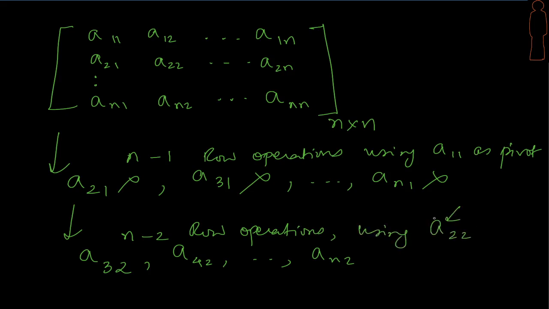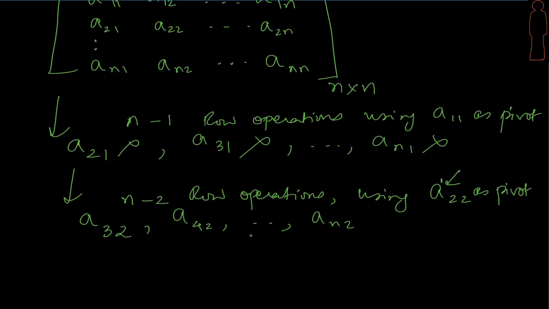So remember, it need not be A22, it could be A'22 also, because that could change, but that was our help to keep it as the pivot and work. I hope that you get this idea. So we keep going like this, and till where do we go, right? We go to the last, maybe a 2 by 2 matrix, and we are actually looking at the last strategy here.